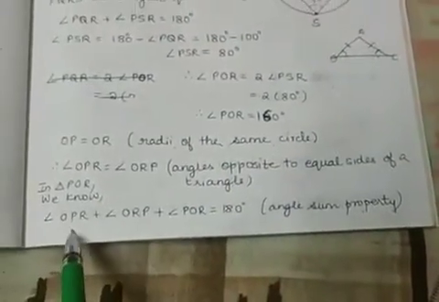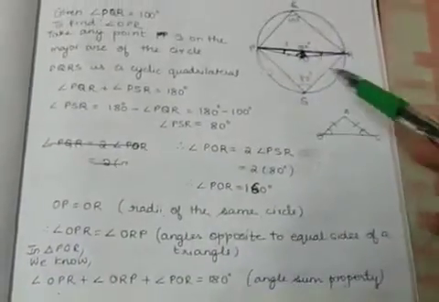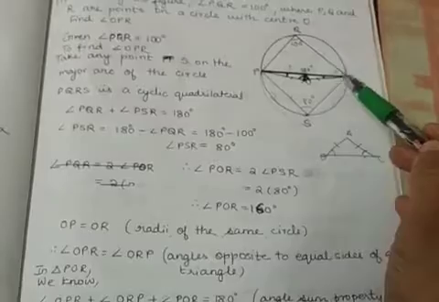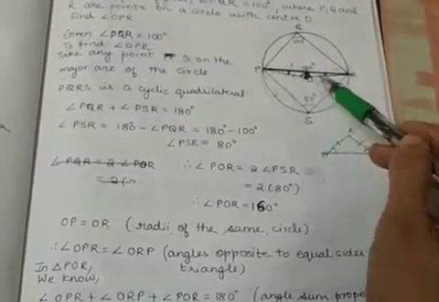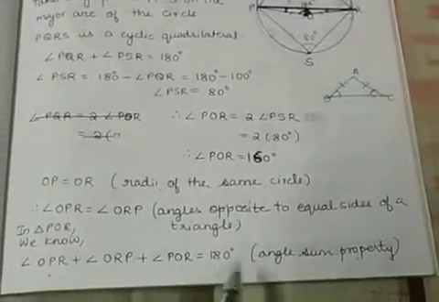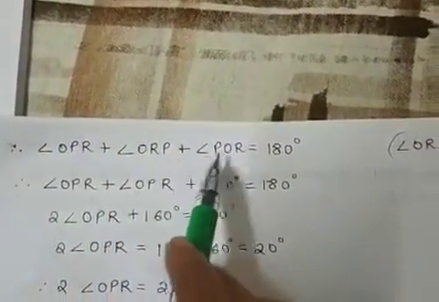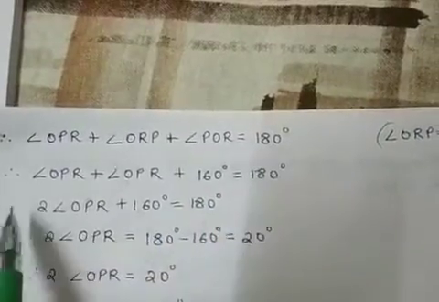Why? Because it is angle sum property. So angle OPR plus angle ORP plus angle POR is equal to 180 degrees because of angle sum property.